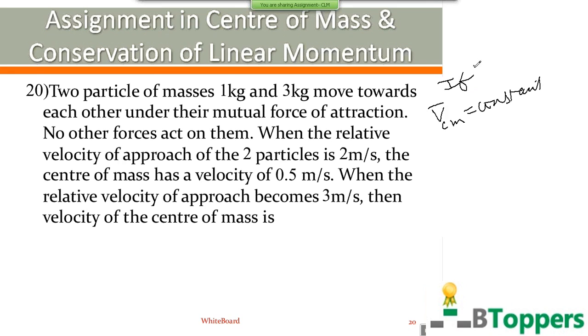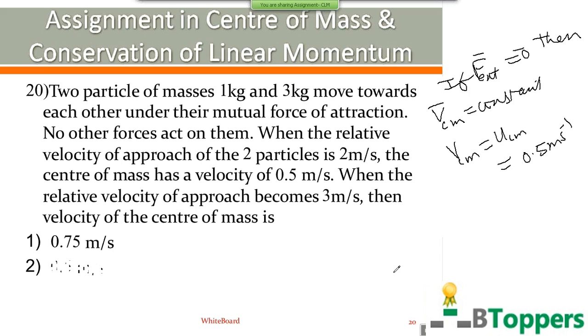The resultant of all the external forces acting on the system is 0, or no net external force acts on the system. So the final velocity of the center of mass at the later instant will be the same as the initial velocity of the center of mass at the earlier instant. The initial velocity is 0.5 meter per second. So the final velocity of the center of mass at the later instant will also be 0.5 meter per second. So for question number 20, the second option is the answer.